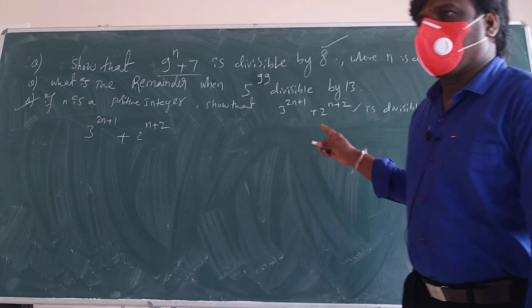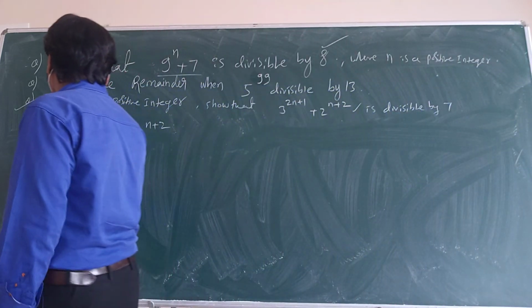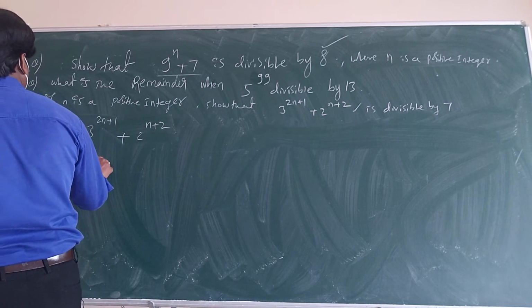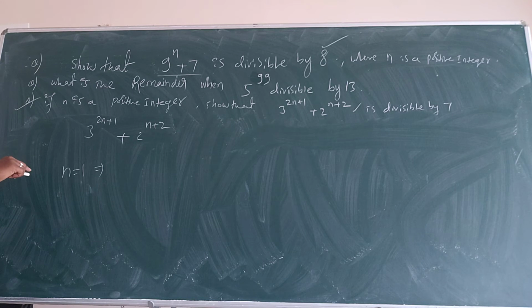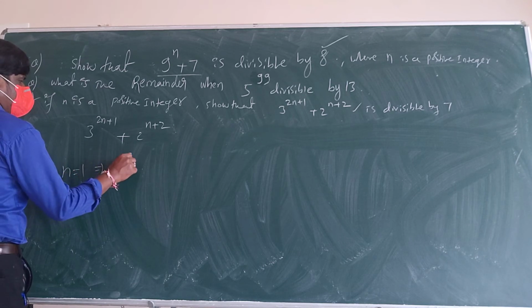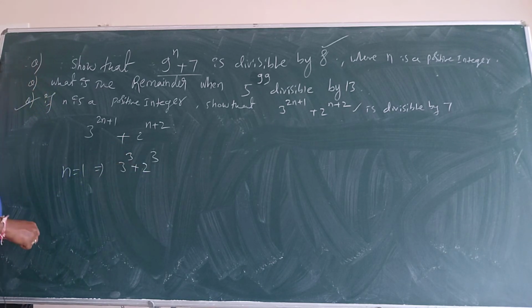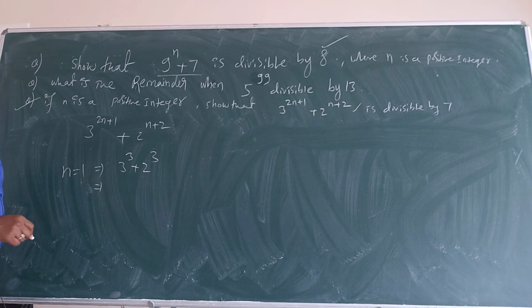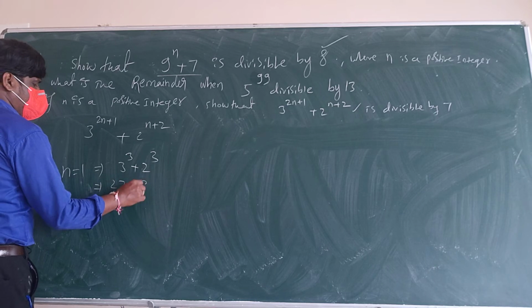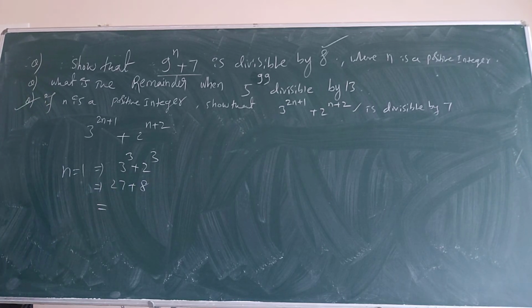So what do you do here? You substitute n is equal to 1. If I substitute n is equal to 1, what do I get? 3 to the power of 3 plus 2 power 3. That is how much? 3 power 3 is 27. 27 plus 8.